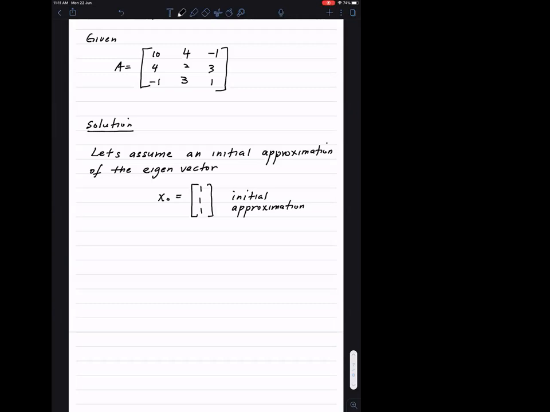Okay, after you find the initial approximation, you multiply the matrix with the initial approximation. This matrix, with the initial approximation 1, 1, 1.